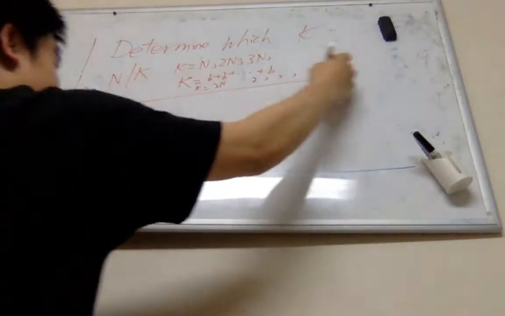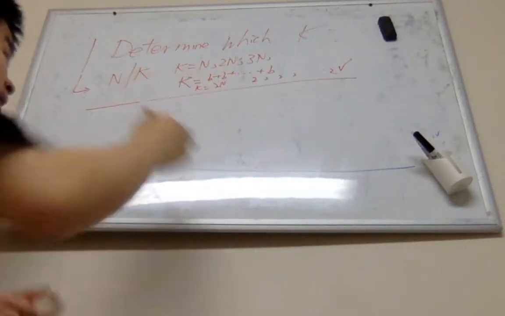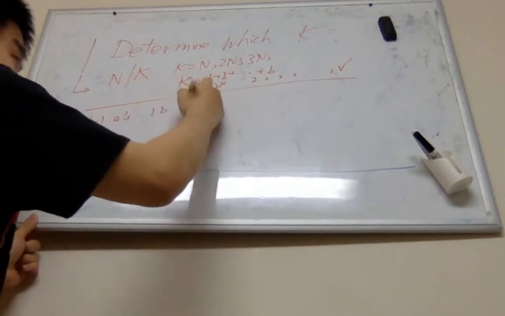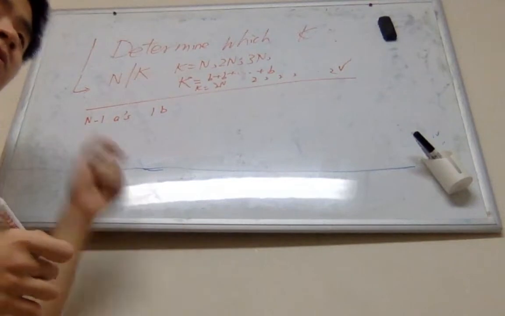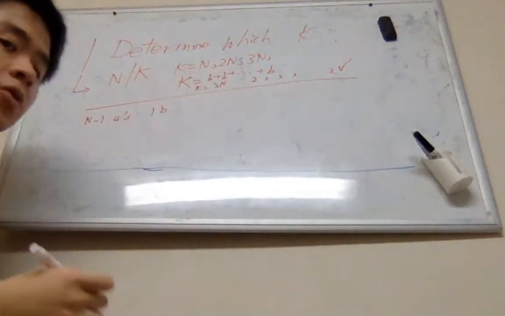And the other case is when we have n minus 1 a's and 1 b on the diagonal. We know that it's impossible to create such a matrix. So why do we know it's impossible?